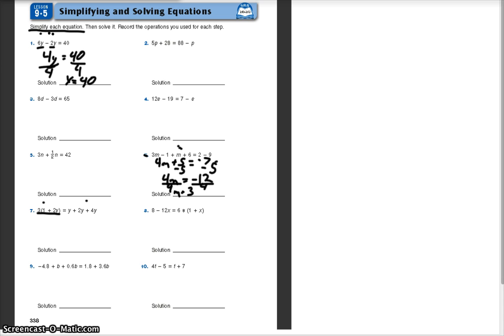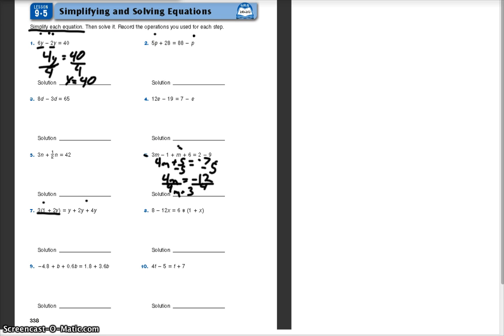I'll just do number 2 for example. So here's what I'm talking about. Here we have p on this side and p on that side. Alright. So we want to get the p on one side. So what I think is easiest is I've got plus 5p and I have negative 5p, or negative p. So the easiest thing is to do the opposite.